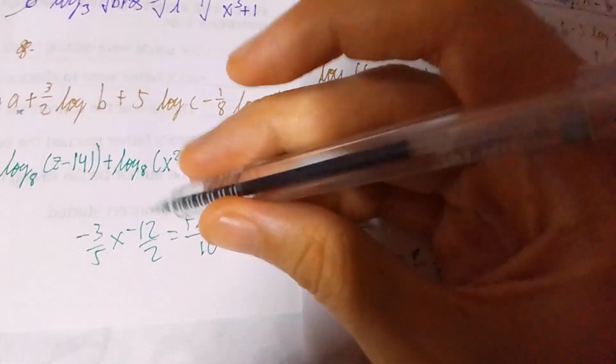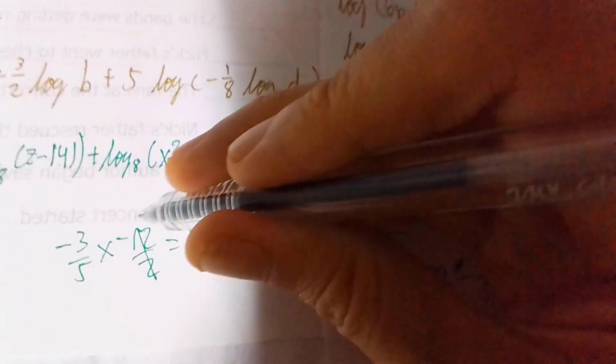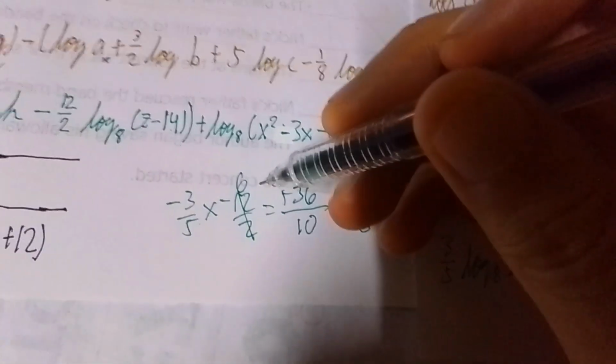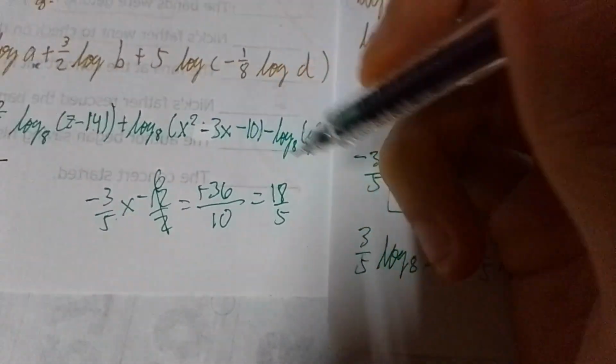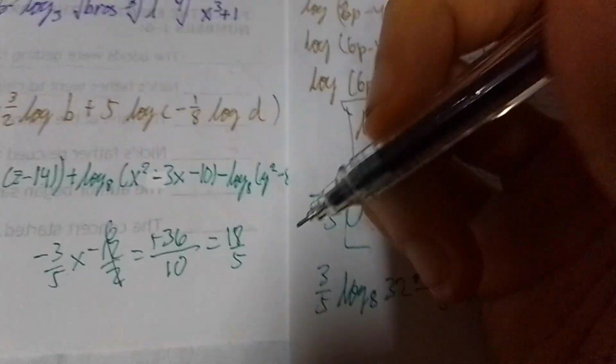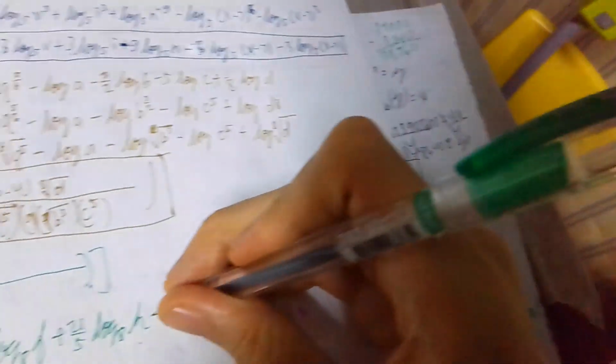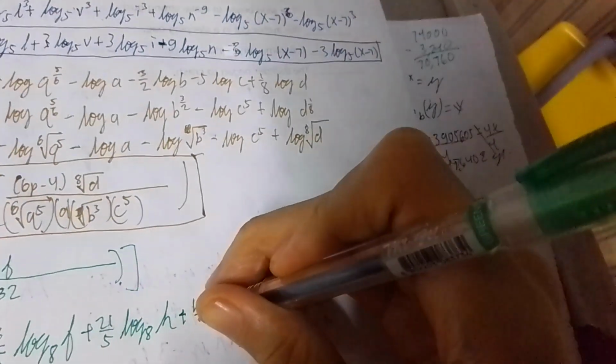This becomes, that's right, 18 over 5. So it's plus 18 over 5 times log base 8 of z minus 14.